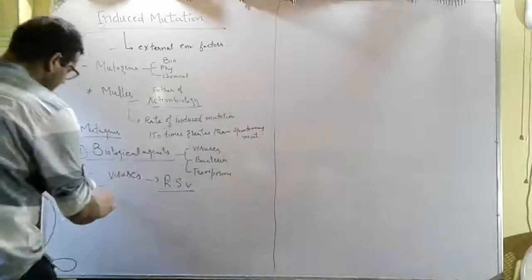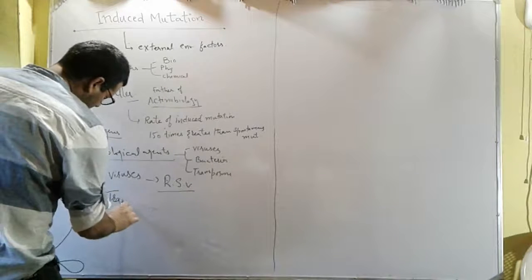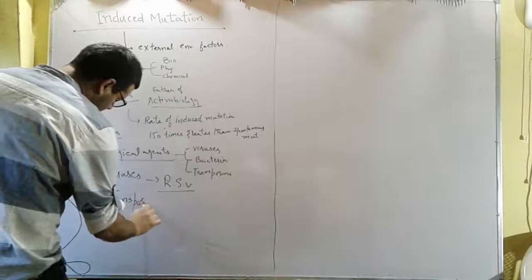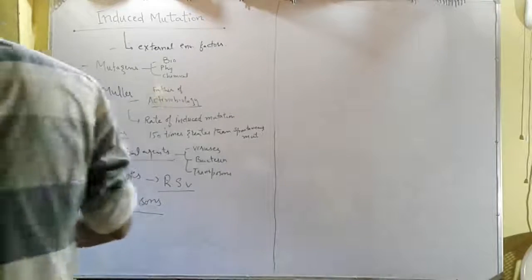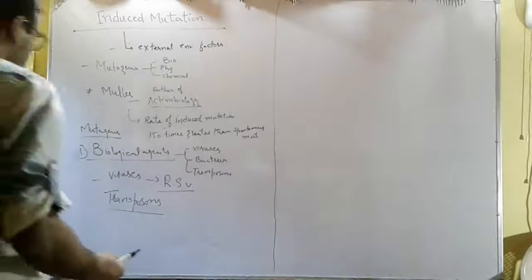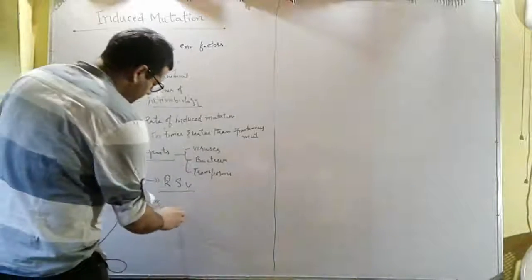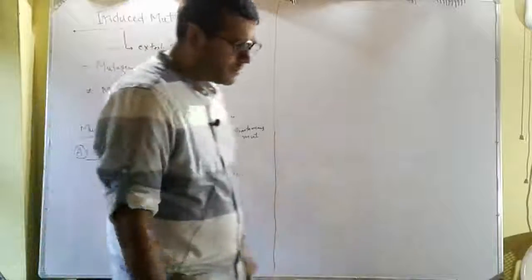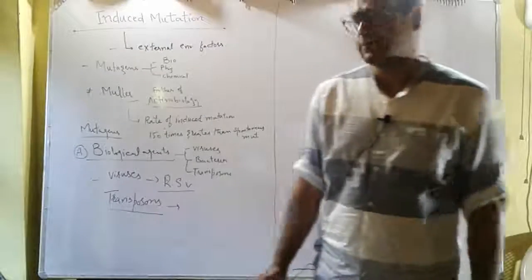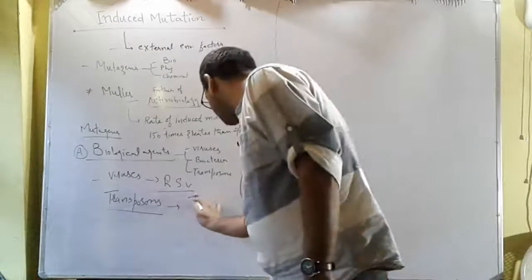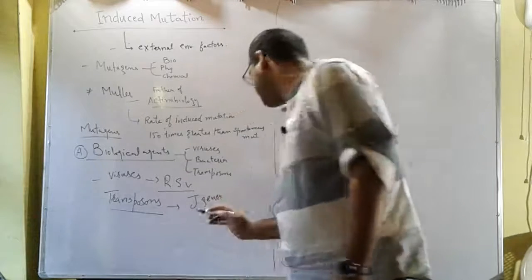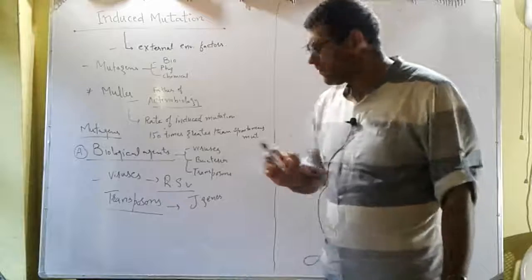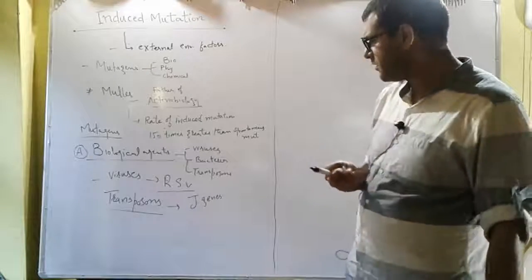Then we have got transposons. These transposons are also known as jumping genes. They are also called transposable elements.